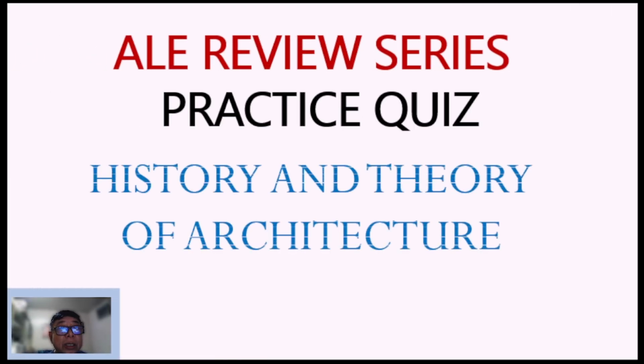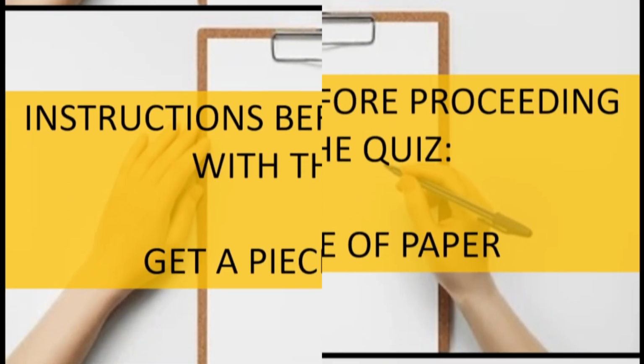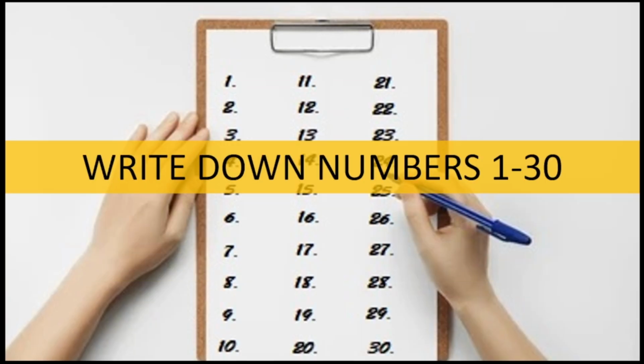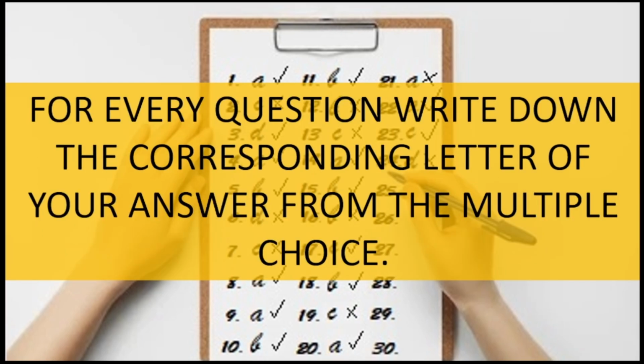Welcome back to our alley review series practice quiz, and we now have part 16 of our history and theory of architecture. So instructions before proceeding with the quiz: it is best to get a piece of paper muna, cut lengthwise, and then write down numbers 1 to 30 so that when you are ready, you can now start with the quiz, and for every question, write down the corresponding letter of your best choice or answer from the multiple choice.